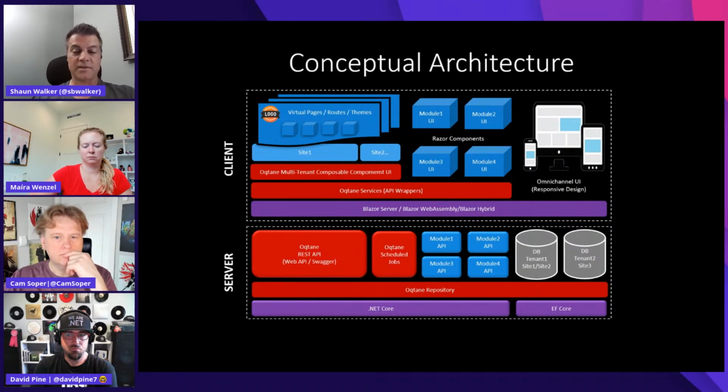And we're going to tackle the fact that it's multi-tenant in a minute. On the front end, it supports Blazor Server, WebAssembly, and hybrid models. It has its own service layer that makes it easy for developers to call the back-end API endpoints. And it has a composable UI model, which I'll explain more in a moment.